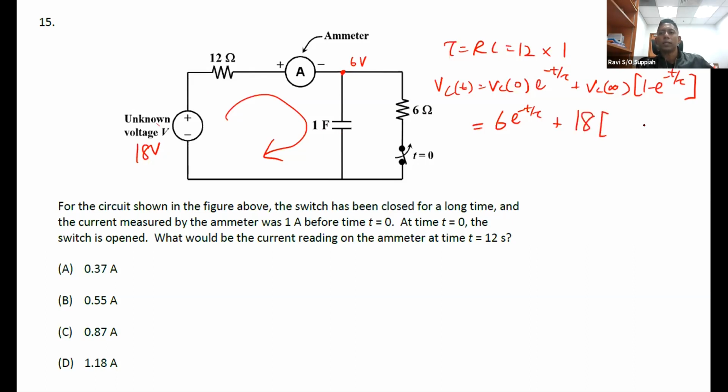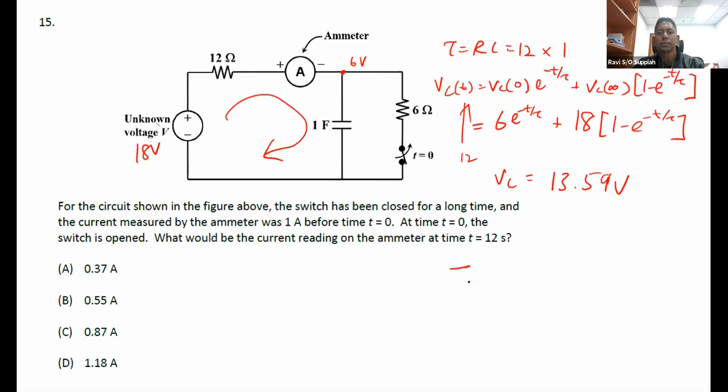You substitute t equals 12 in here, and the VC you will get is 13.59 volts. This will be the voltage across the capacitor 12 seconds after the switch is open.